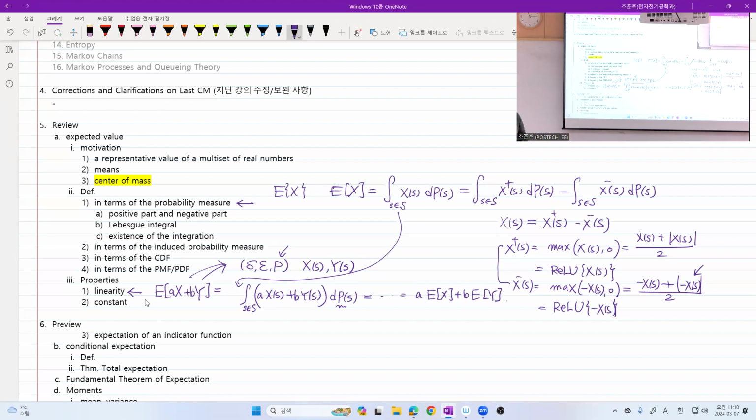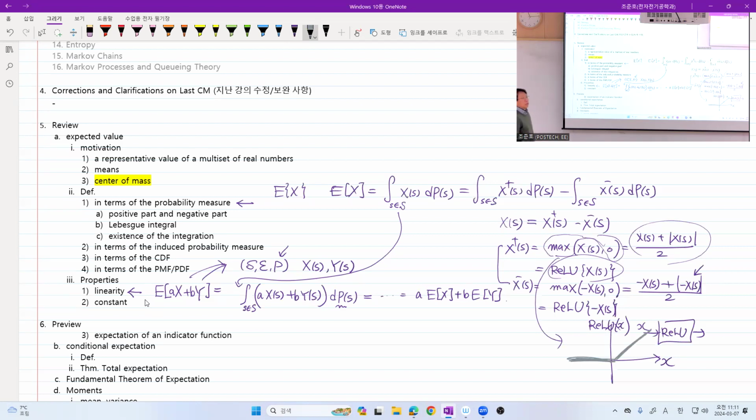And by the way, this max of something comma 0 operator can be seen this way. Here goes x, you have ReLU, then what is the output? If you plot its graph, up to the origin its value is 0, and the positive part is x.